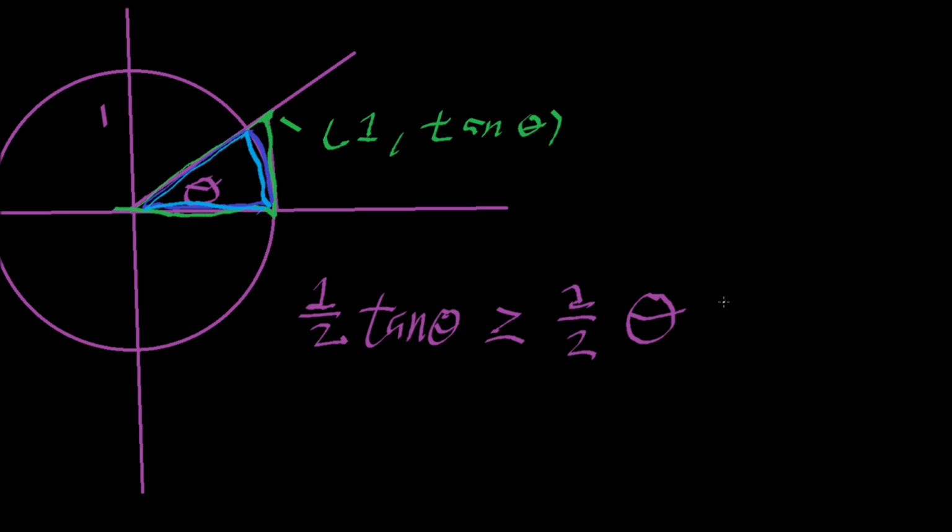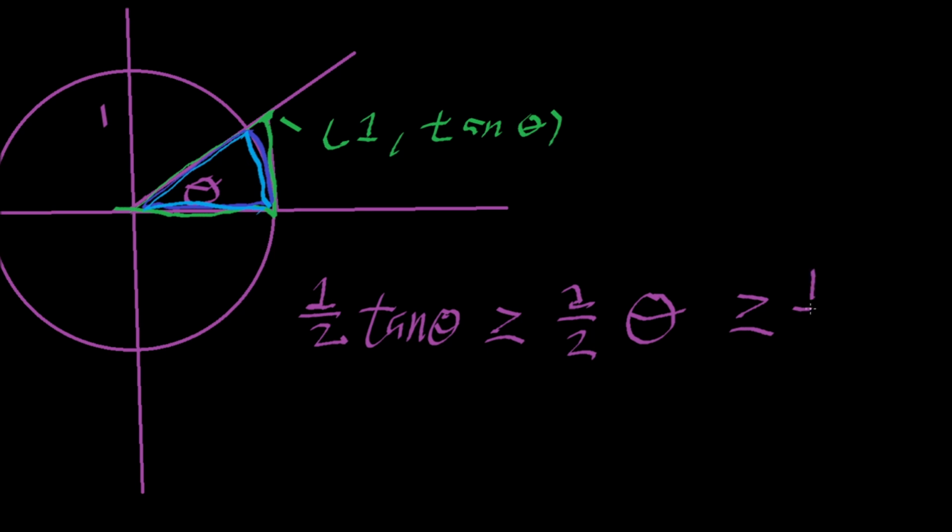And this circle sector must be greater or equal to this smaller blue triangle within it, and the area of a triangle is still 1/2 times base times height.